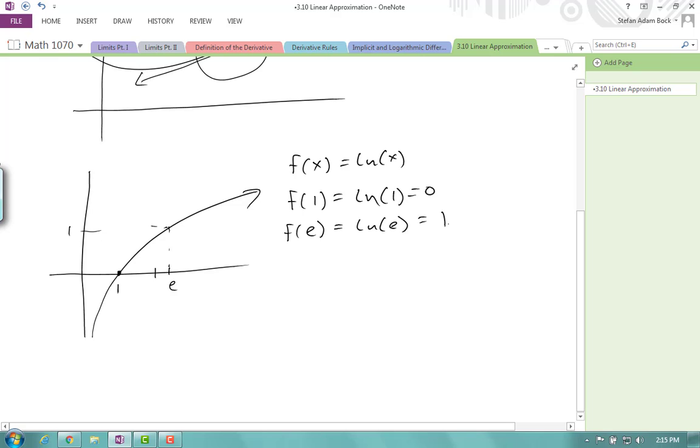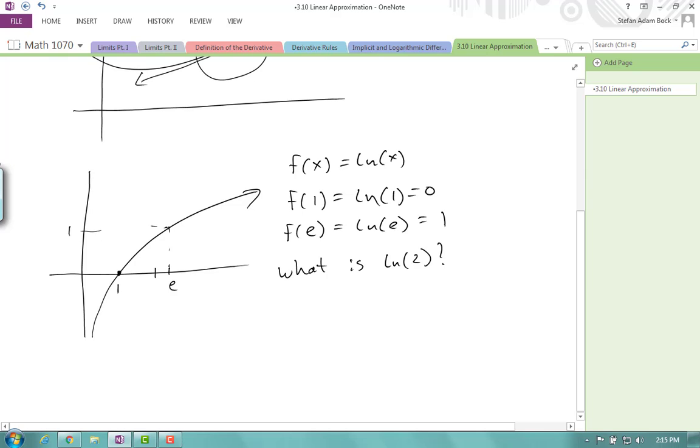But a number that comes up rather frequently, especially in some of those radioactive decay problems a couple days ago, is the natural log of 2. So I want to calculate what the natural log of 2 is. And I'm going to try to use a tangent line to estimate this. But it helps to make your tangent line as close as possible to the number you want to estimate.